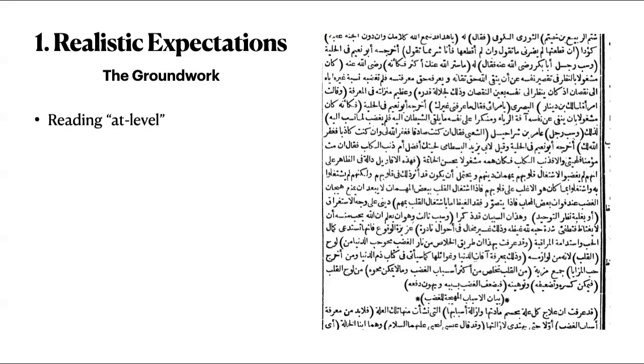And in the older prints, they didn't have any kind of punctuation or voweling. As you can see, only parentheses that indicated the text of the author, and then the rest is the commentary. And so reading at level means reading, of course, not only things that are at your level, but that you have taken the grammar and sarf for.